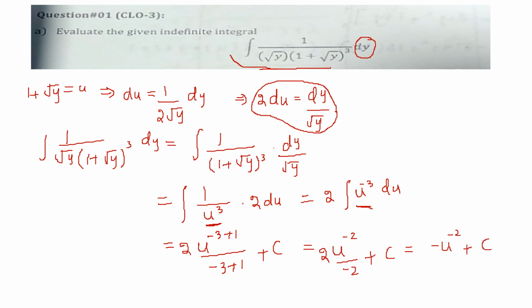In the start we substituted 1 plus square root of y in terms of u. We need to back substitute to get the answer in our original variable. Let's rewrite the last equation again, that is integral of 1 over square root y into (1 plus square root y) whole cube dy equals minus u raised to the power minus 2 plus constant of integration.